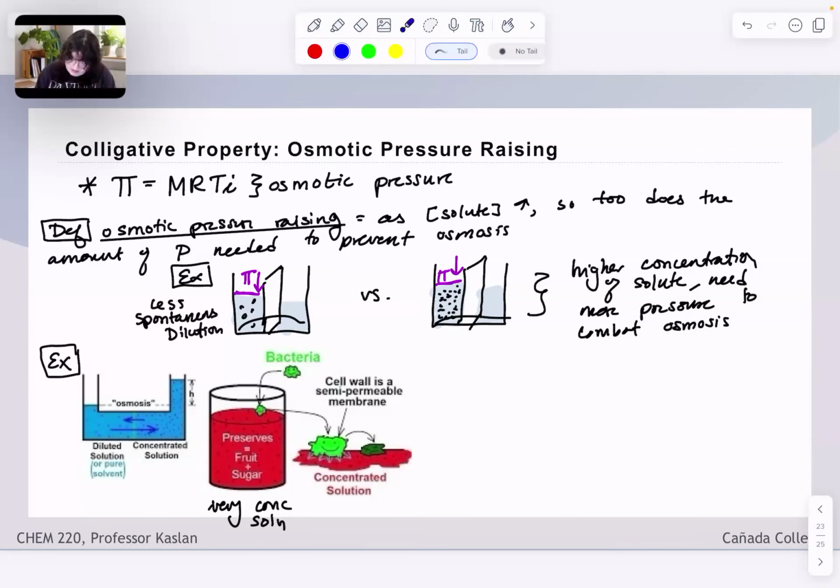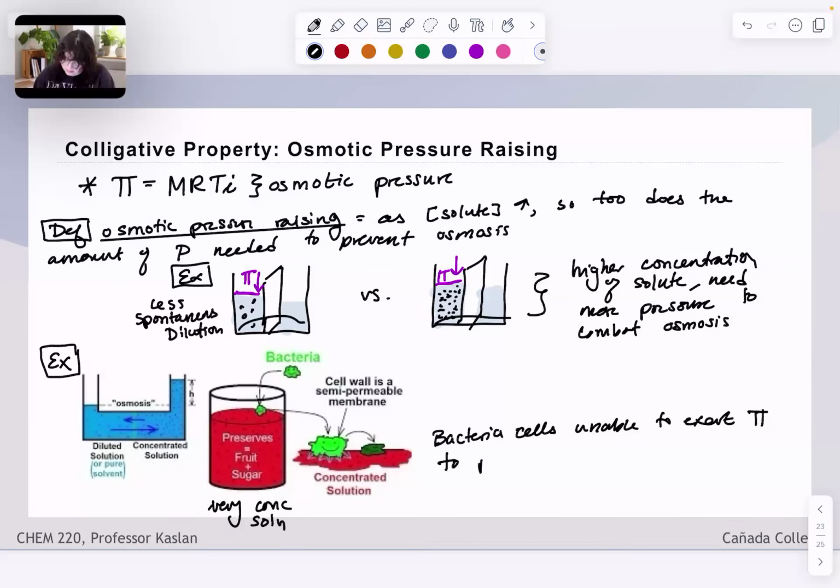So if I had some natural bacteria, which we cannot avoid having in our preservation process, we would find that the bacteria cells are unable to exert a high enough osmotic pressure to prevent water leaving the cell, which means that all the bacteria cells die.